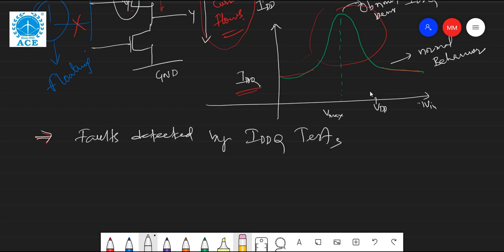Basic faults are like bridging faults. You already know what bridging faults are.